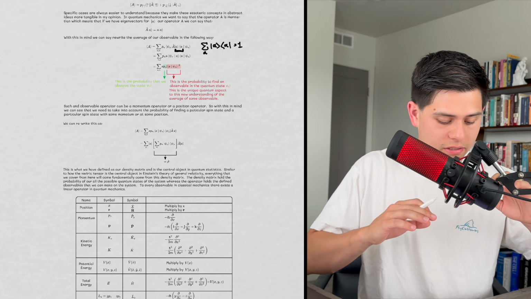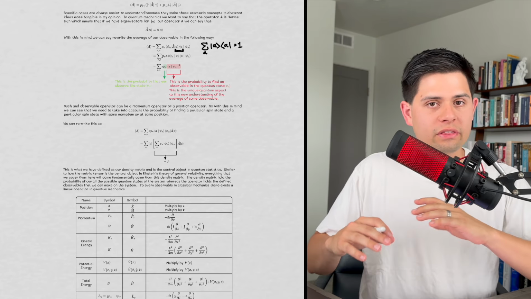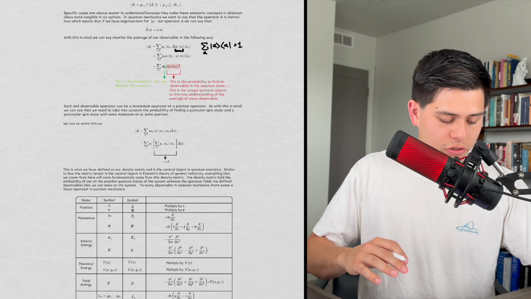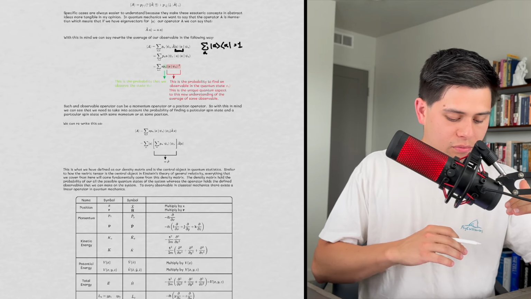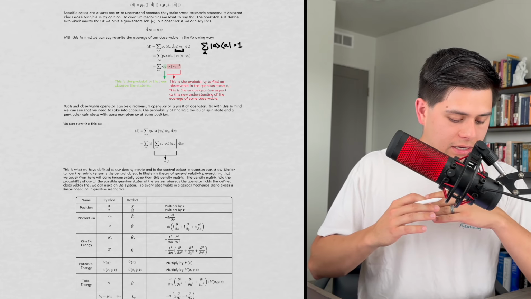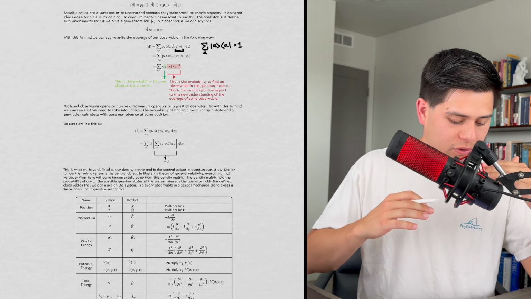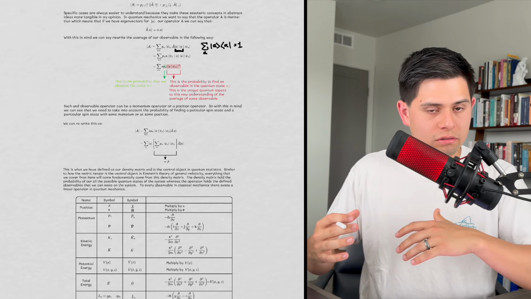Again, this is very general. We're not going too deep into any specific thing quite yet. So with this in mind, we need to take into account the probability of finding a particular spin state with some momentum at some position.